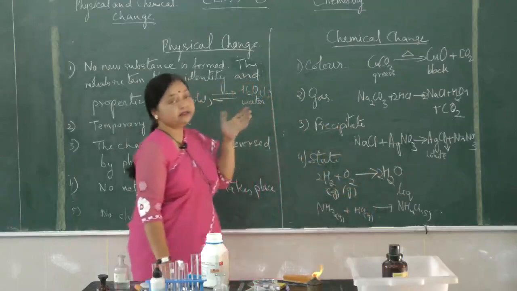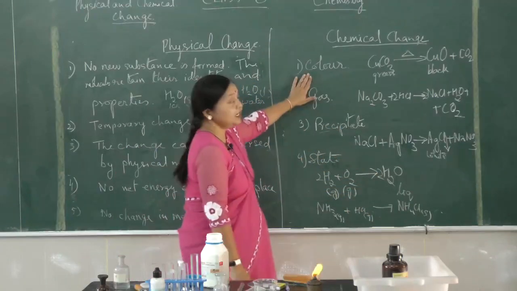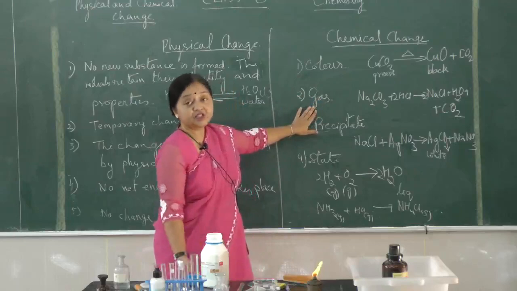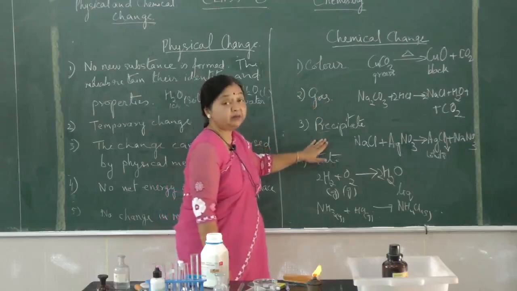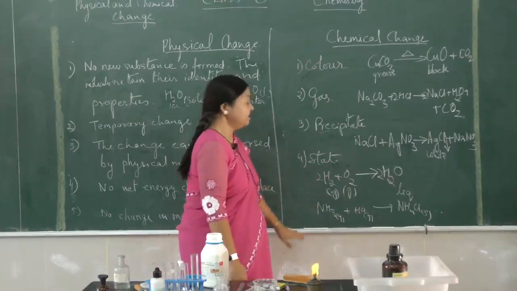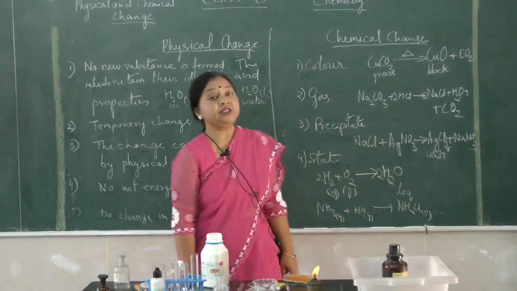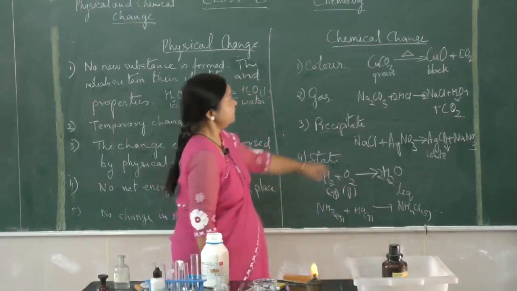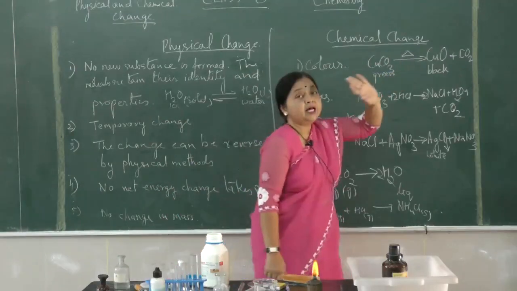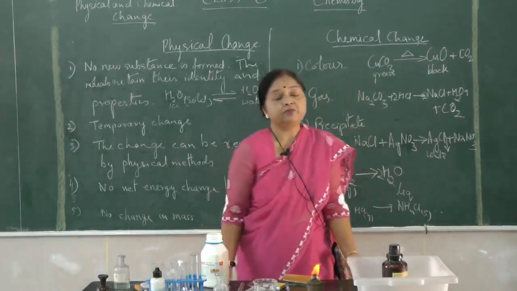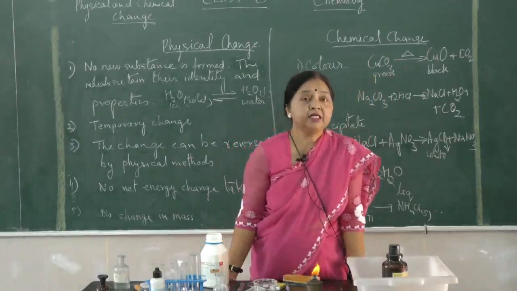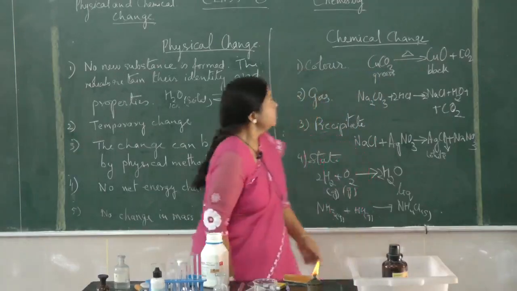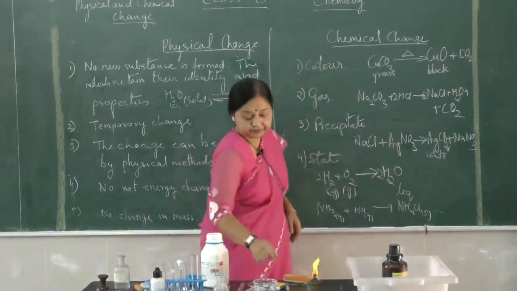So what are the characteristics that we see? Color might change, a gas may be evolved, a precipitate may be formed, the state of matter changes, and usually energy is absorbed or energy is given out. Here we can see that energy is absorbed. Example where energy is given out: suppose you take some calcium oxide and dissolve it in water.